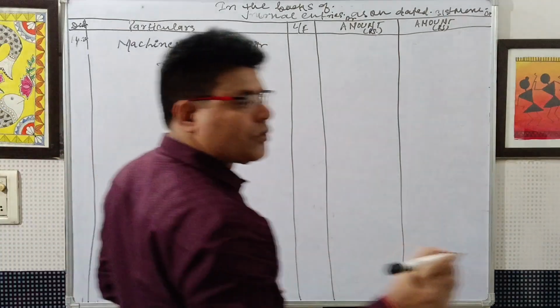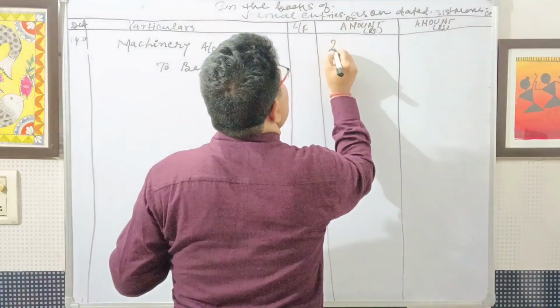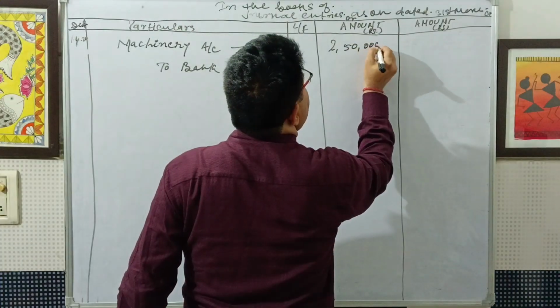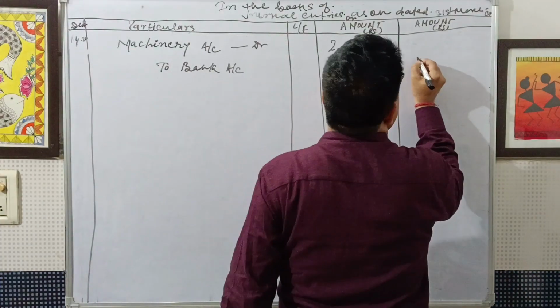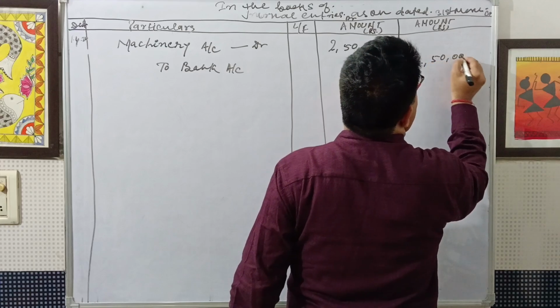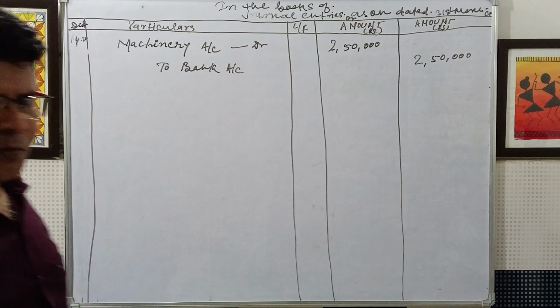How much? 2,50,000. Machinery account debit to bank account.